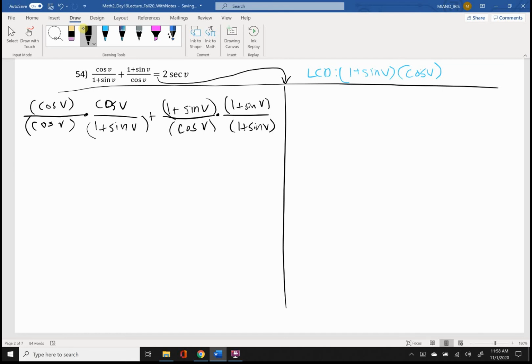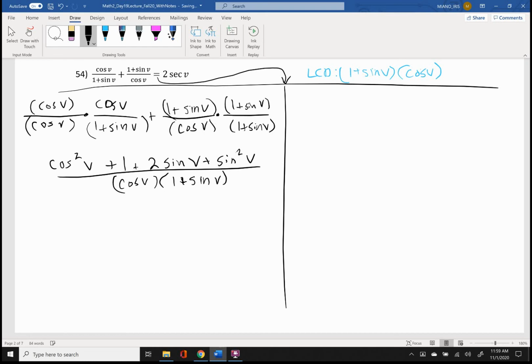It's like I'm squaring a binomial factor of 1 plus sine V. So I'll have cosine squared V plus 1 plus 2 sine V plus sine squared V, and that's all over cosine V times 1 plus sine V.